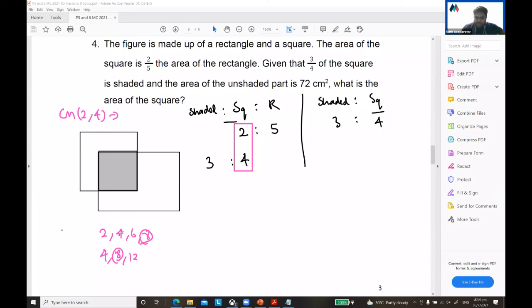But the simpler one will be common multiple 4. So we rather choose 4, right? So since 4 is already here, just leave it. Just have to take 2 times 2. So here also you must times 2. So your new ratio will be 3 is to 4 is to 10.